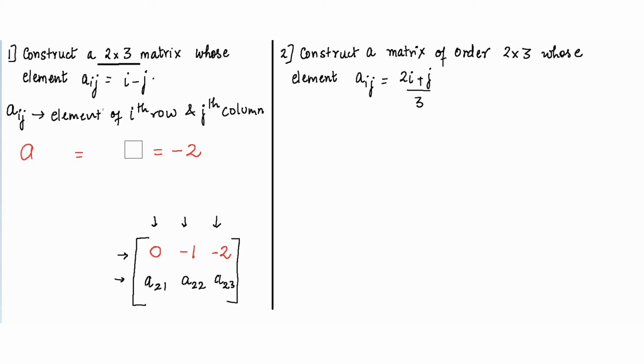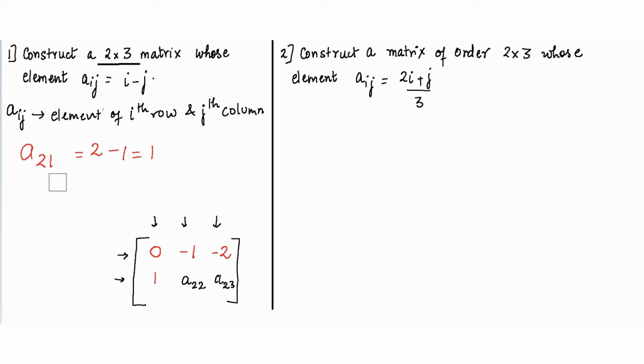Again, the formula is aij equal to i minus j. A21 would mean substituting i as 2 and j as 1. So A21 is 2 minus 1, which is equal to 1. So this element is 1.